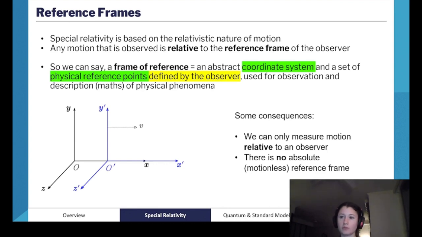Even though it might seem logical, because you're driving along the road, that the Earth and the road is the reference frame and you're the one moving, that's actually not the case. All motion is relative. When you're driving, the road is the one moving relative to you and the car is staying still.